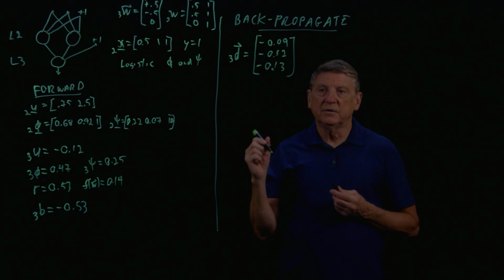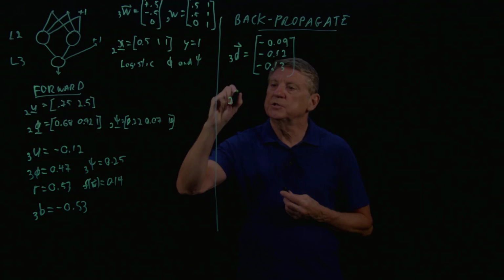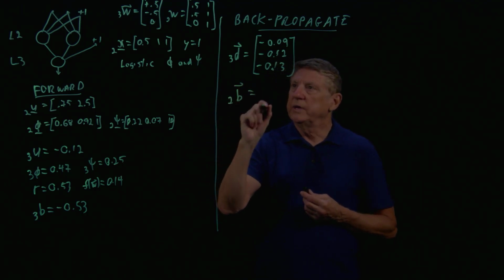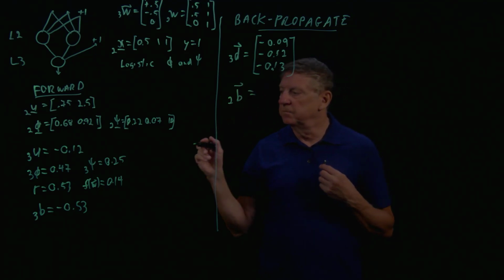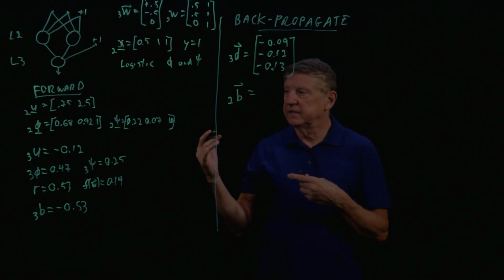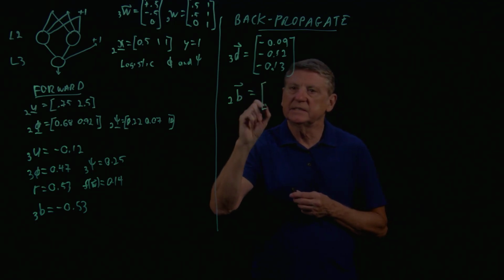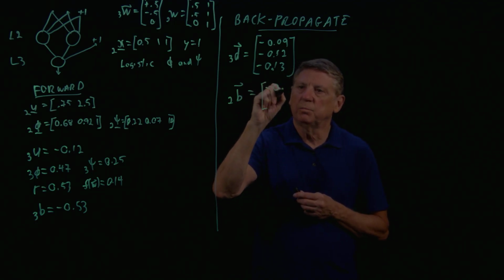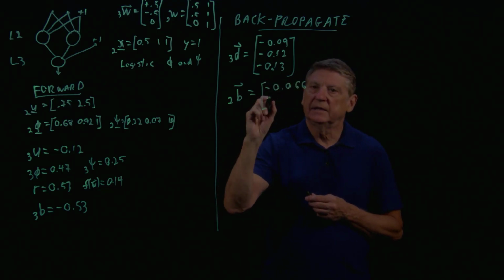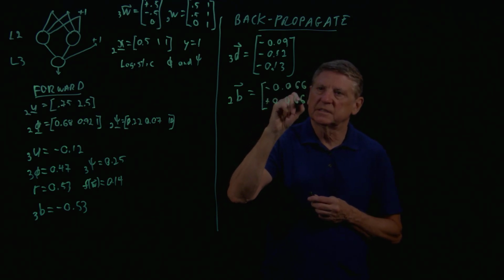So now the layer 2 scale factor, and this is going to be a vector, is we take the backprop factors and multiply them by the weight vectors, and what we get is that this is minus 0.066, and this will be plus 0.066.